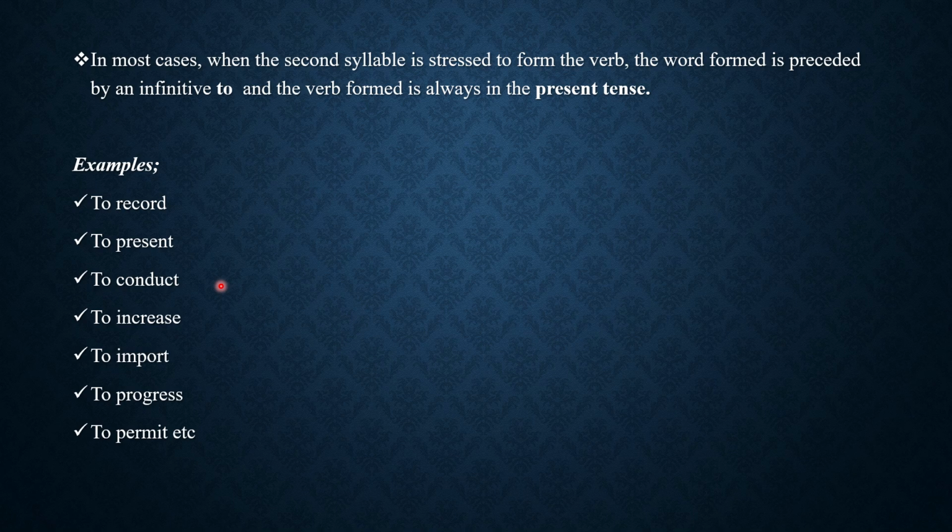For example, it becomes so awkward when you come up with words like to recorded, to presented, to conducted, to increased, and many others. They don't make sense. So we want our students to note that when you attach an infinitive to a word, that word becomes a verb, and that verb is going to be in the present tense.